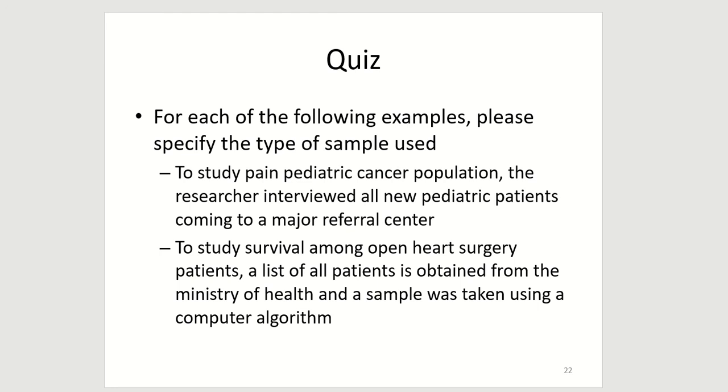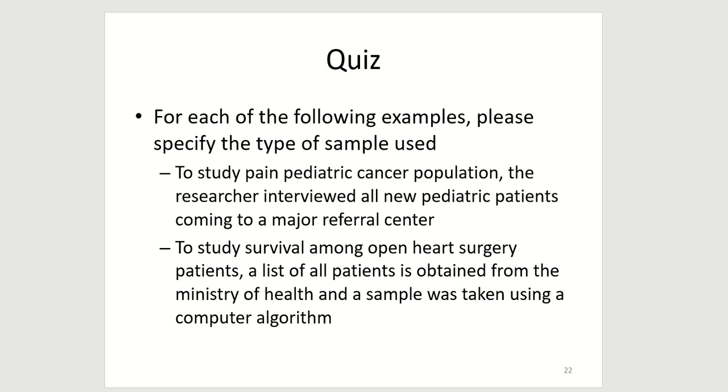However, there is a rationale behind it. Because it's a referral pediatric center, and we think the patients in that center are representative of the population, we think it's a good sampling, even though it's a convenient sample.